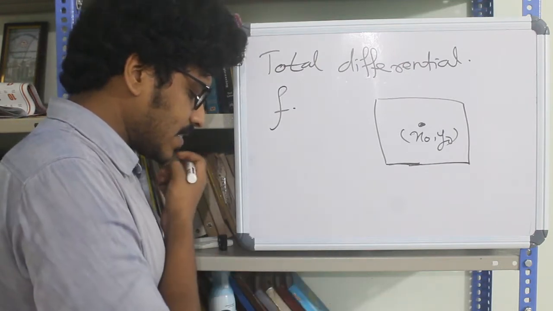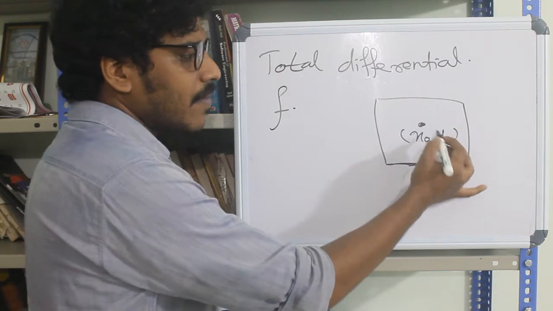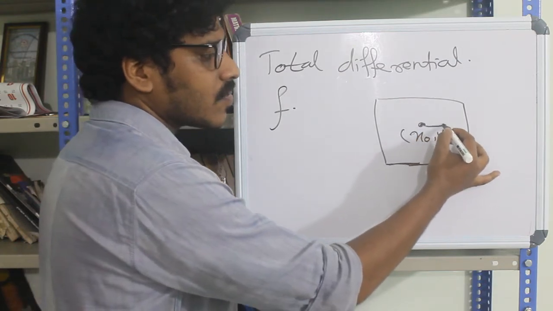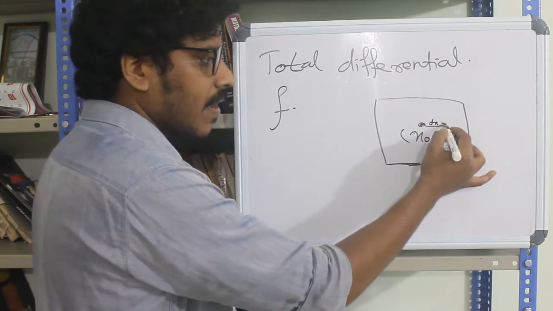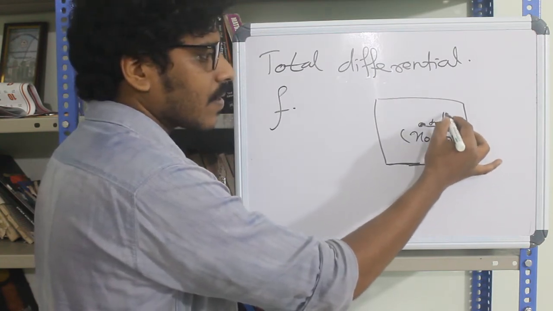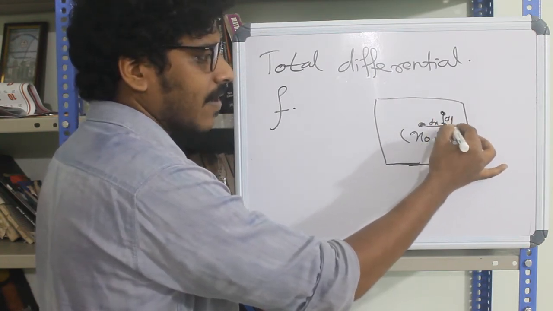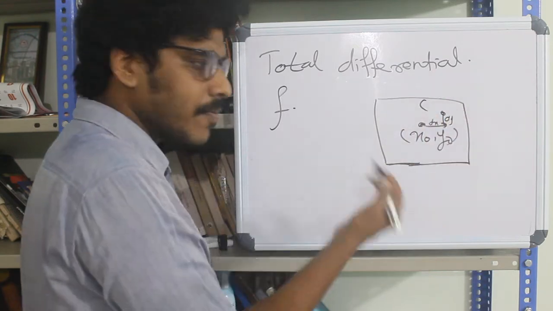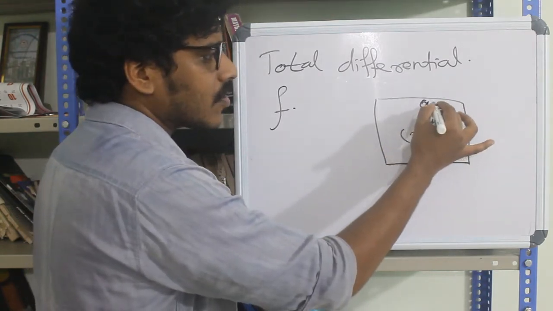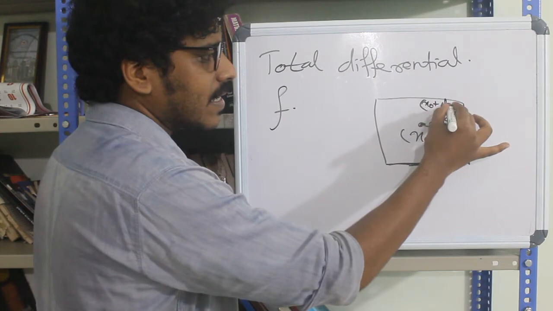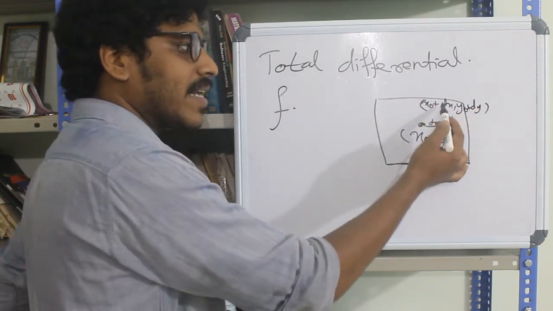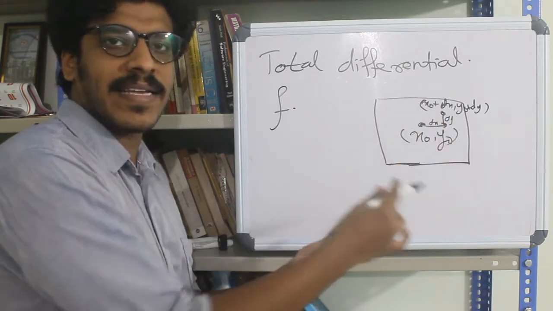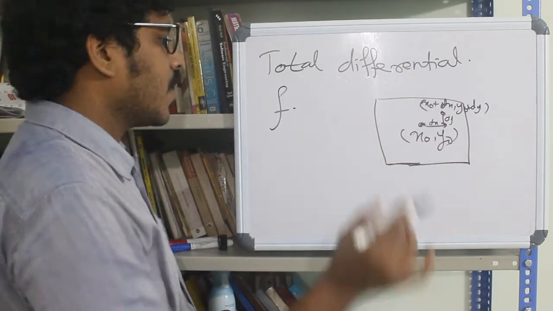If this is the case, if I move slightly in the x direction, say dx, and slightly in the y direction, say dy, I'll reach a new point which will obviously be x0 plus dx, y0 plus dy, as I have made increments of dx and dy in x and y respectively.